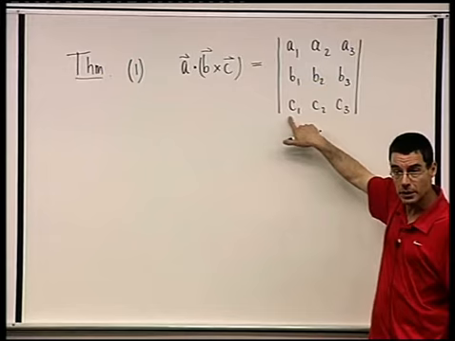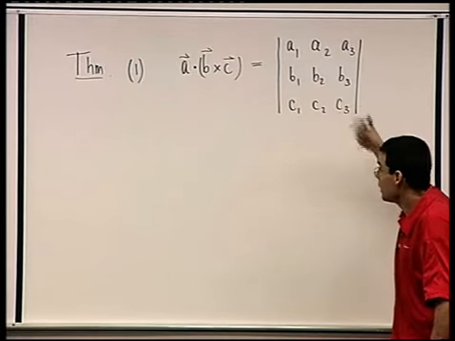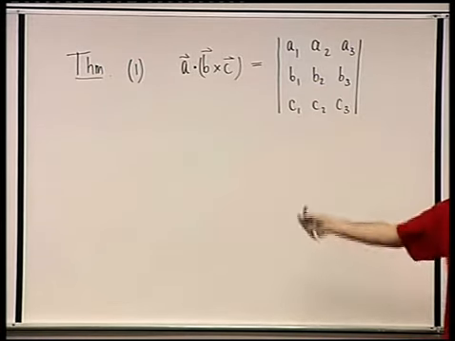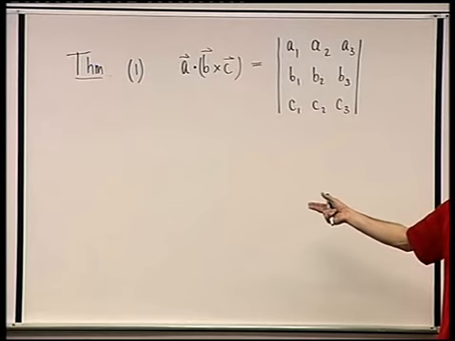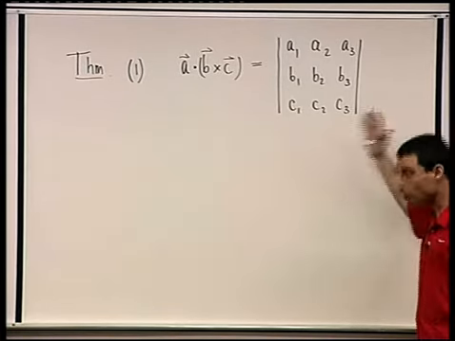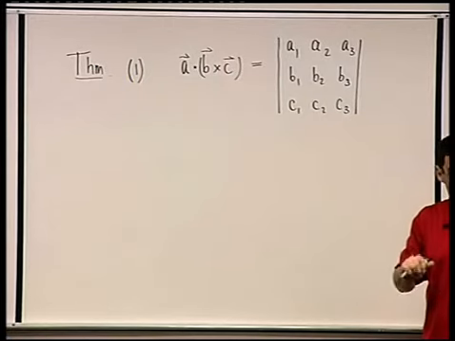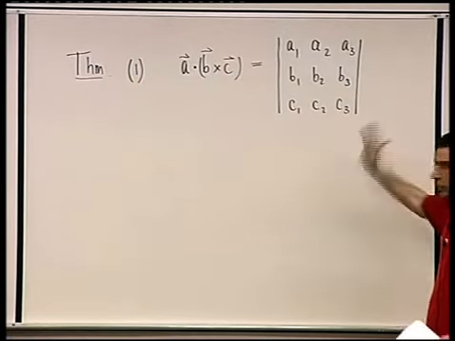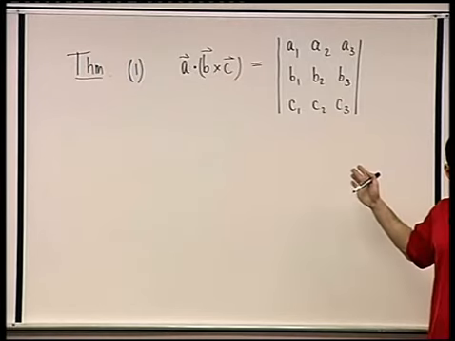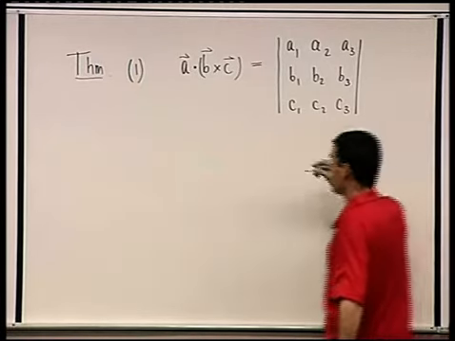Do you agree that this is just a short way of expressing a long expression? Okay? It's more than that. It's a determinant, and you're going to be discussing determinants in length in the algebra course. But for us, it's just notation. Clear?